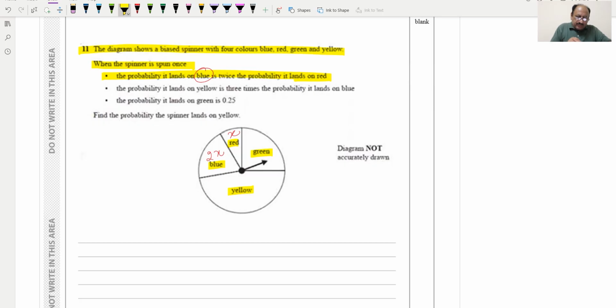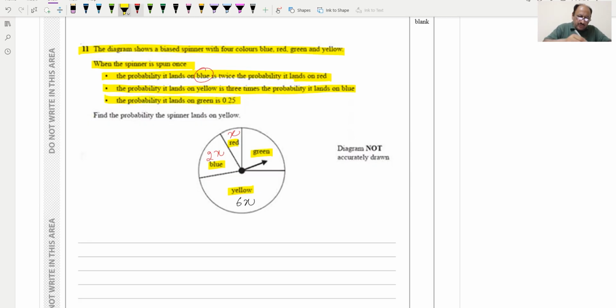Now next statement, they are saying the probability it lands on yellow is 3 times the probability it lands on blue. So 3 times blue will be 3 into 2x, or directly we can write 6x. This will be the probability for yellow. And they're saying the probability it lands on green is 0.25.